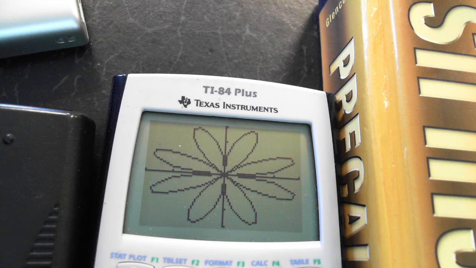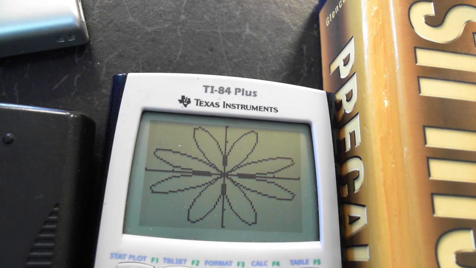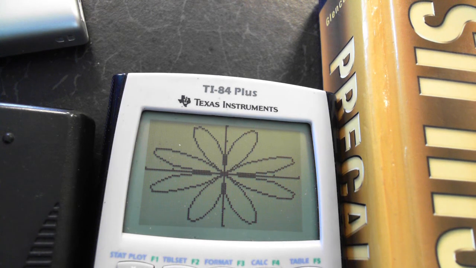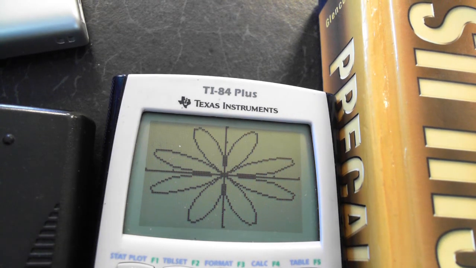Can we do 38? Because if we can do 38, we're about ready to call it a day. Three petals. Three sine theta. 3 sine 3 theta.